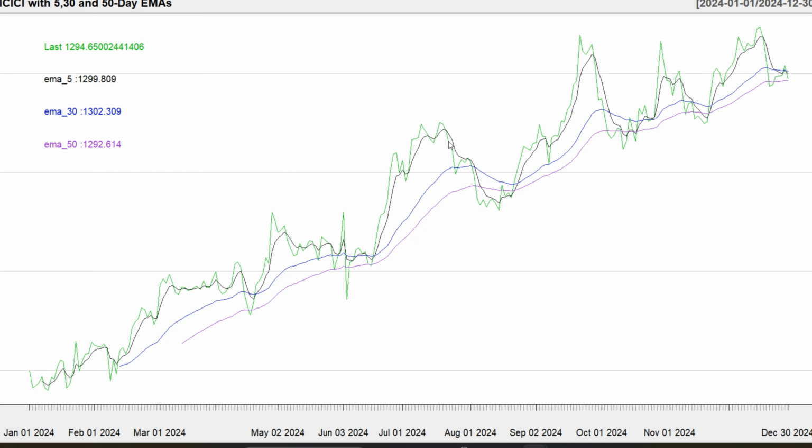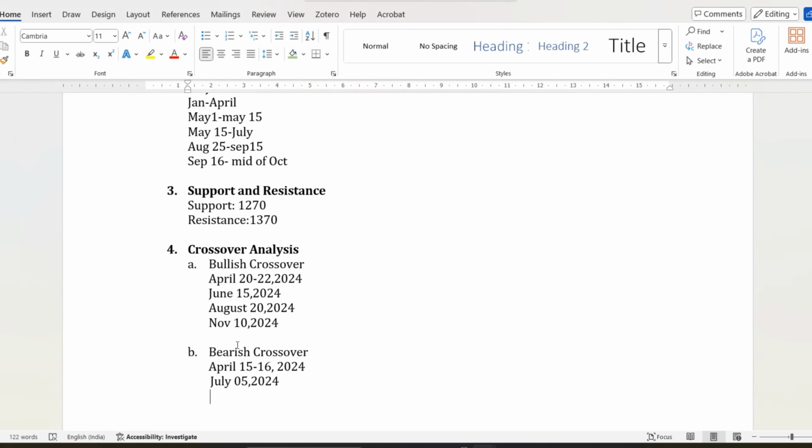Again, next one. I am going with the first week of August. You can see again this black color line, the 5-day EMA, intersects the blue color line, that is the 30-day EMA, and moves downwards. Again, it intersects the 50-day EMA also, and it's moving downwards. You can see the dip in the closing price line, so that is a bearish crossover.